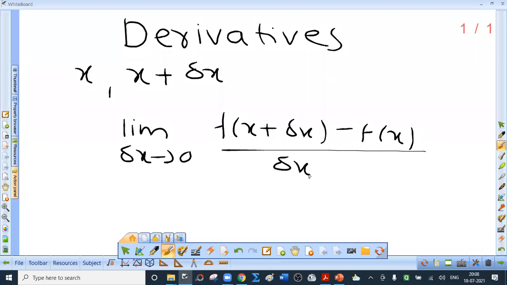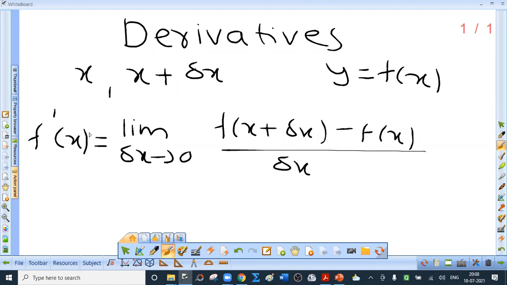It is not compulsory that this should exist, because we have seen, I think in the last example which we did yesterday, our conclusion was the limit does not exist. But if this limit exists, it is called the derivative of the function y equal to f of x with respect to x, and it is denoted by f dash of x.